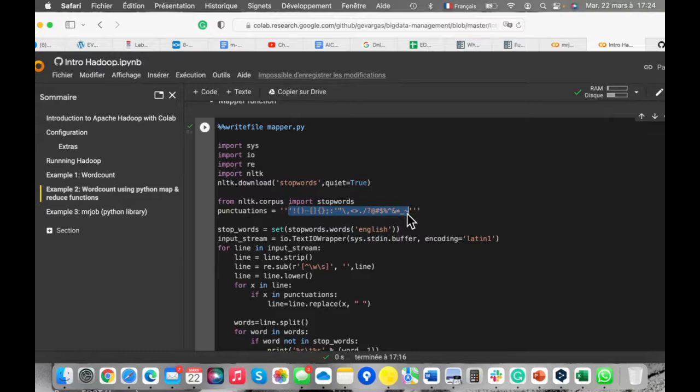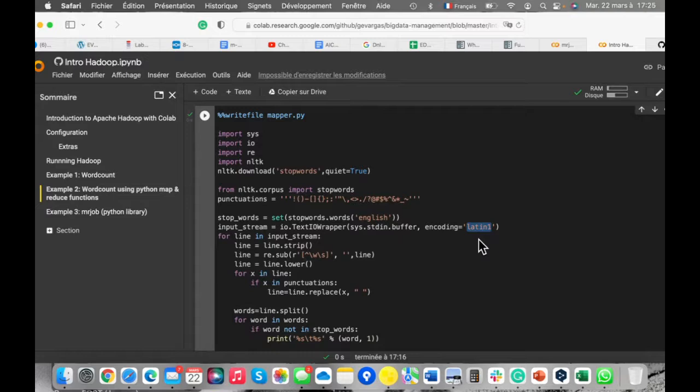So if there are other punctuations, then it will not filter them. And of course, we have to specify the encoding because we are dealing with strings, and strings have different representations. So we have to specify which representation was adopted in the documents in order to deal with these strings.